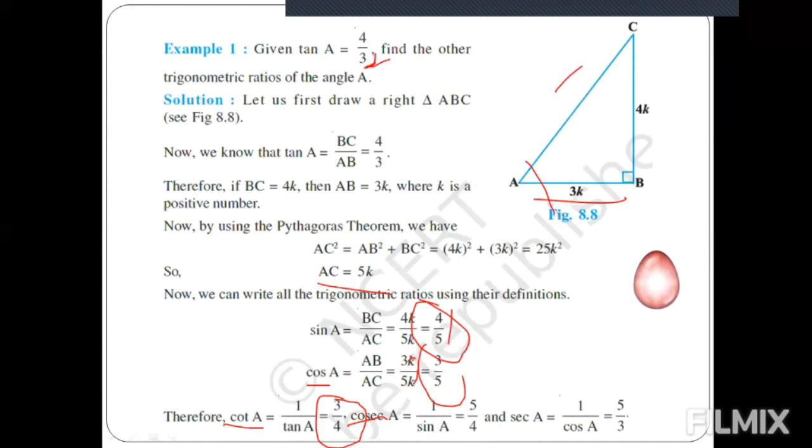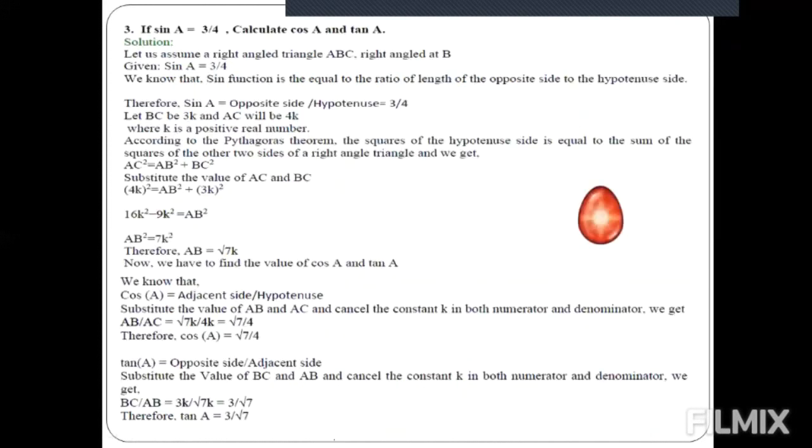So cosecant A will be 5 by 4. Secant A is the reciprocal of cos A. So 3 by 5 will become 5 by 3. So we have found the answer, right? So we are going to see similar questions.